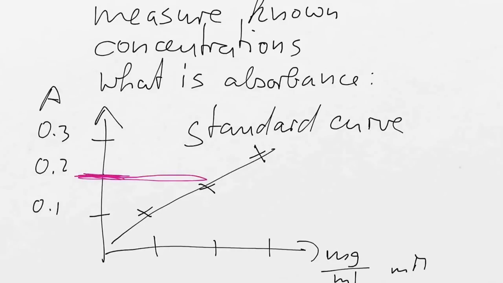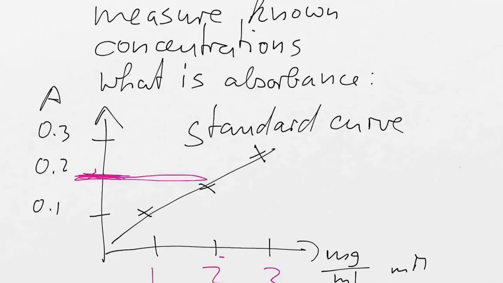Can I find out what is the concentration of this unknown? Can I? Absolutely, because I know that in my standard curve, a concentration of 2 milligram per milliliter gave me an absorbance of 0.2.